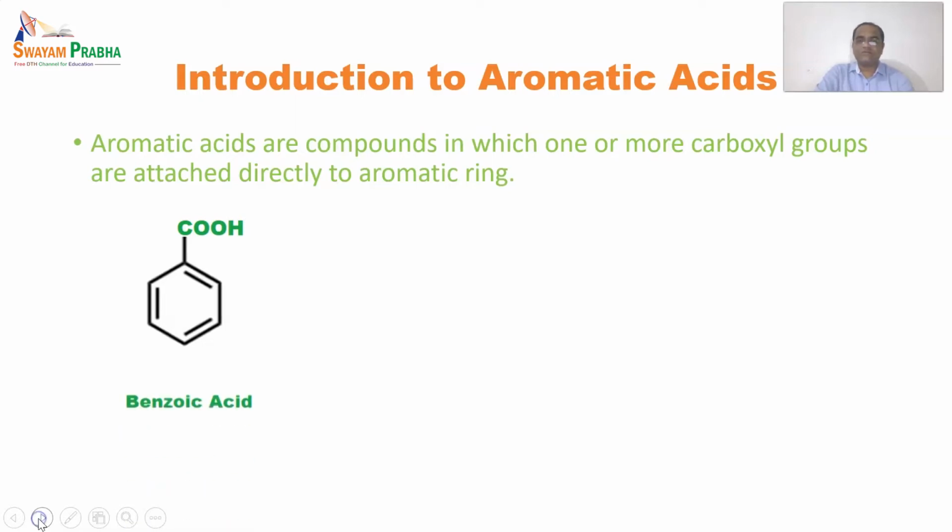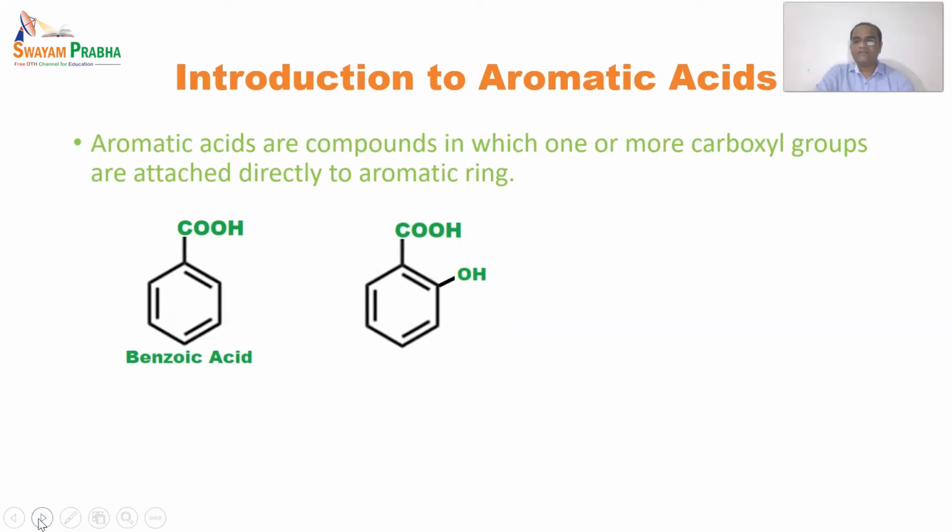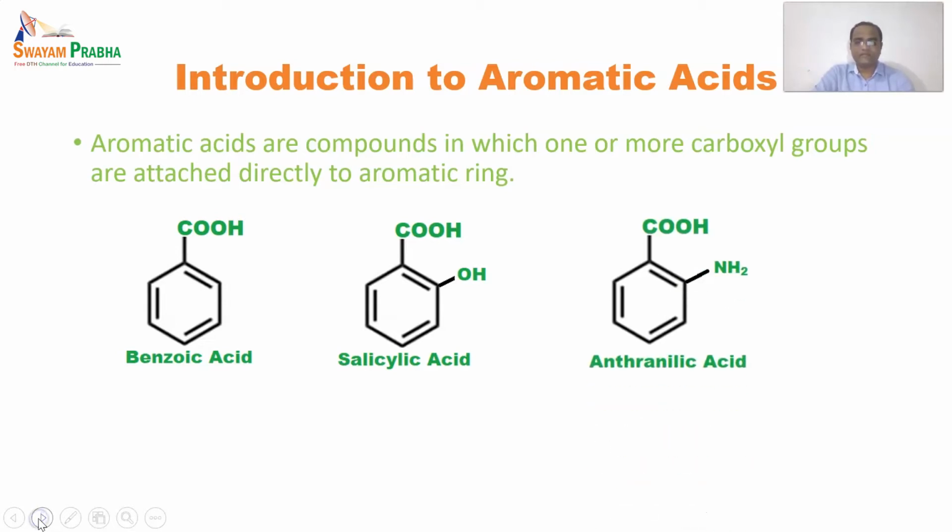This is the structure of benzoic acid, and we will see some more representative examples of aromatic acids. This one is salicylic acid. Medicinally it is quite important. After that, anthranilic acid. In many reactions it has been utilized as a precursor or starting material. After that, phthalic acid.